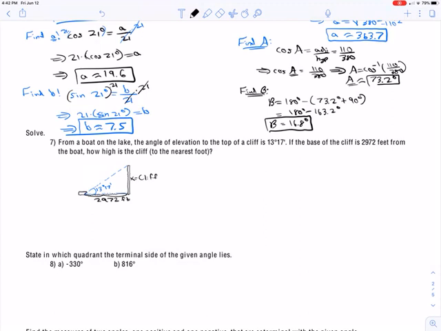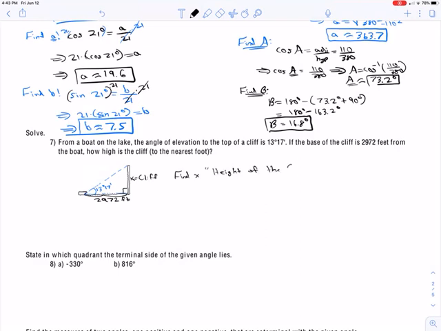All right. So with that said, we've got this horizontal and vertical that we've drawn in. The cliff standing vertical, and, of course, going out there on the lake horizontally, we've got our 90-degree angle. So we want to find X. Well, what can we use, trig function-wise, that incorporates the two legs of this right triangle? So we got to find X, right? X is the height of the cliff.